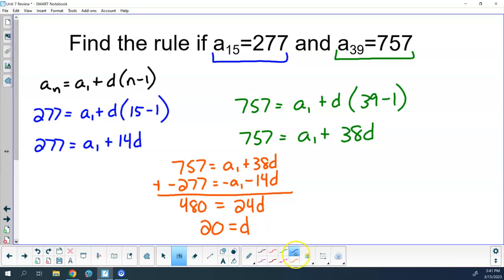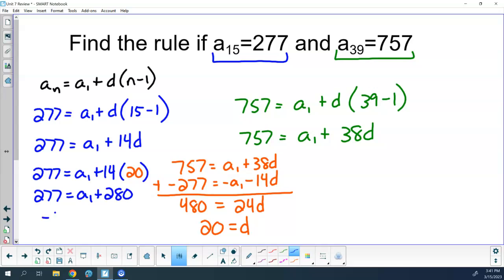Knowing that, I can put that back into either one, blue or green, and solve for a sub 1. 14 times 20 is 280. Subtracting 280 from both sides, I get negative 3 is my first term.